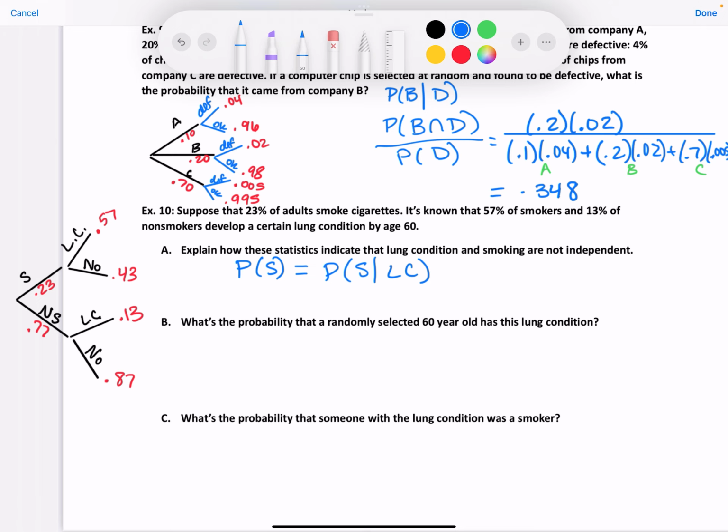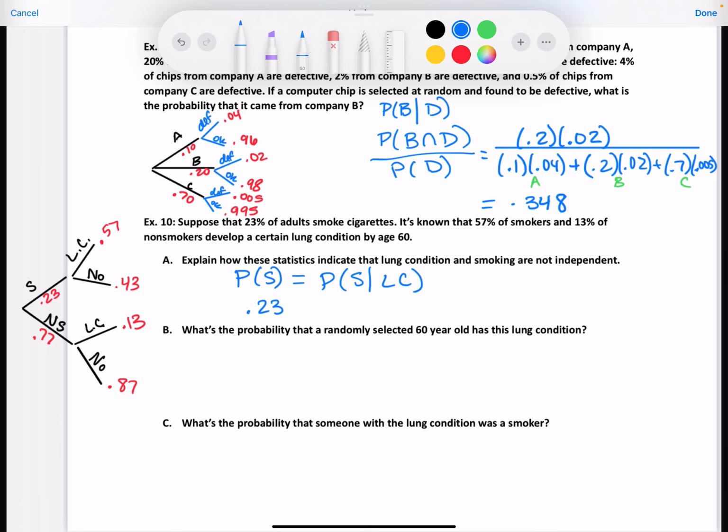So the probability of a smoker would be 0.23, equals the probability of a smoker given a lung condition, which is 0.23 over 0.57.